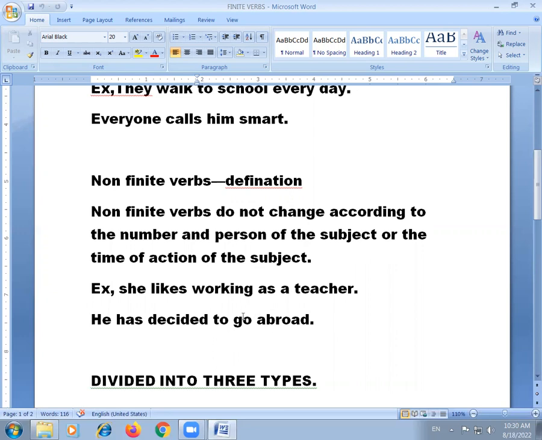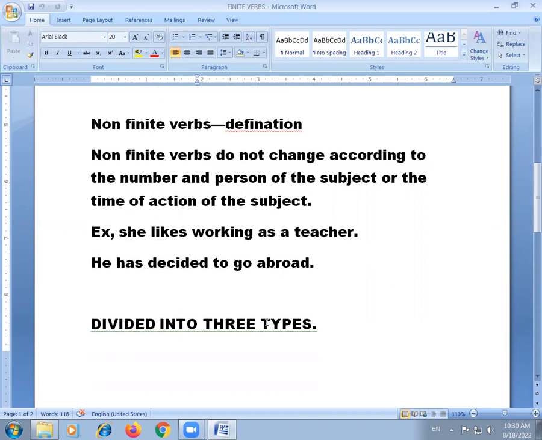They are deciding where to go for lunch. Working, to go, deciding do not change according to the person of the subject or the time of the subject. They are never the primary verbs of a sentence and are accompanied by finite verbs.